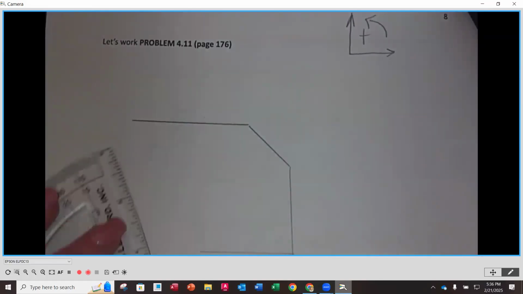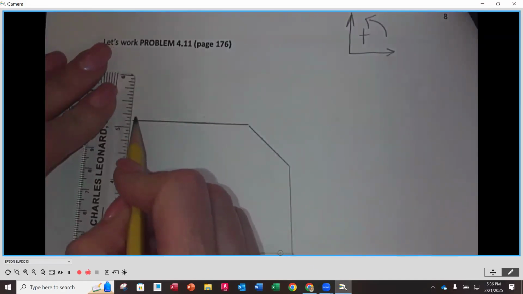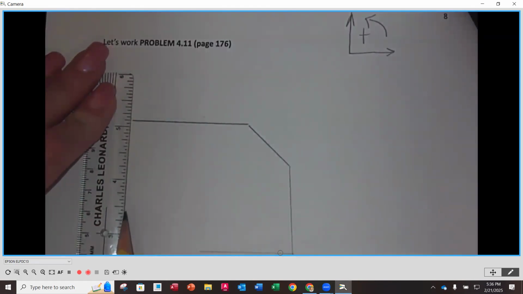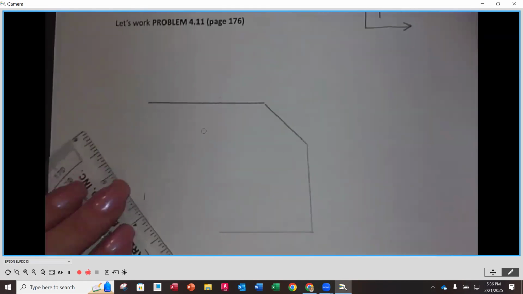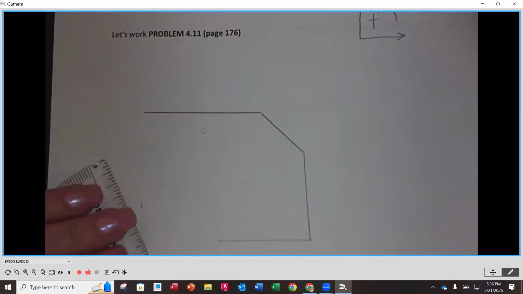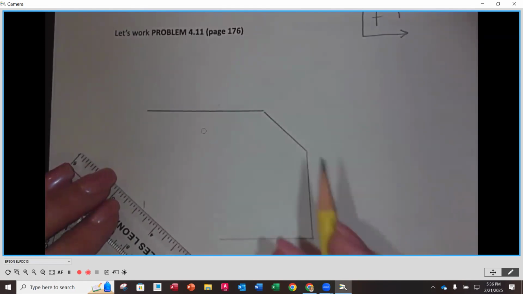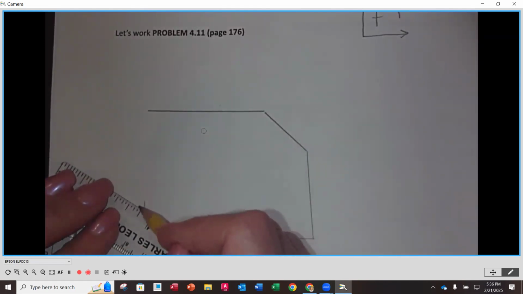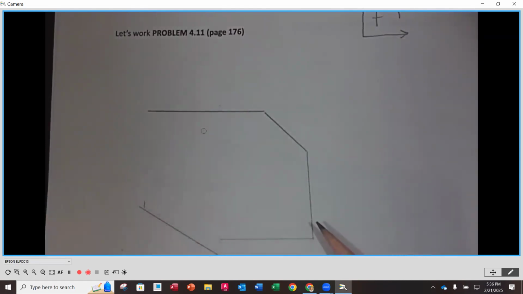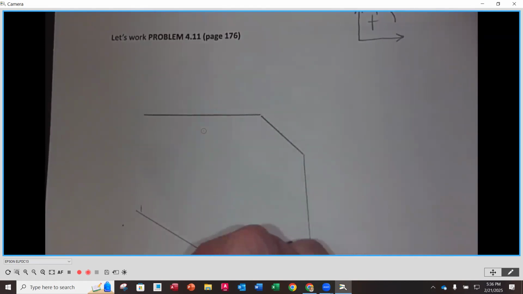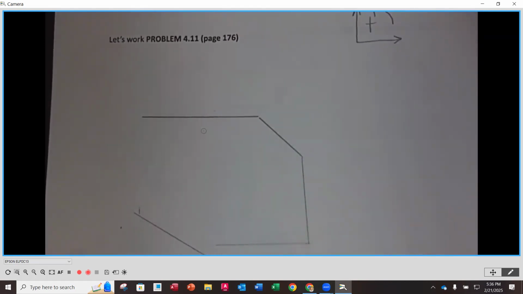Now again, this doesn't have to be scaled out, but proportionally you want to have it where it's supposed to be. And then this angle is going to be 30 degrees.